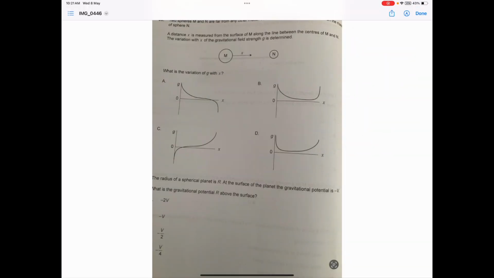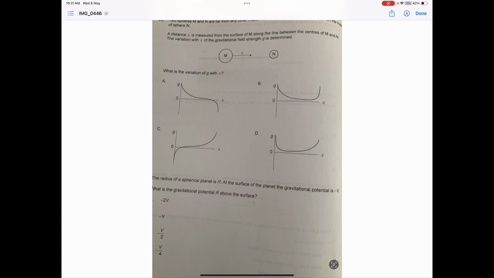Okay, number 30, this one about the two spheres M and N. They're quite close to one another, and you have to find out what the variation of g is with x. So we know that g is going to decrease as you move away from the surfaces of each sphere. So there must be a point in between the two of them where the two gravitational forces balance.